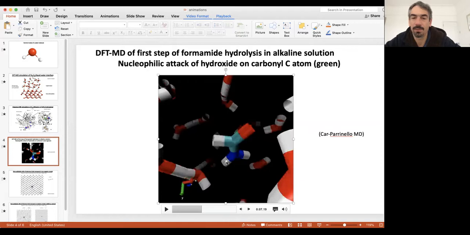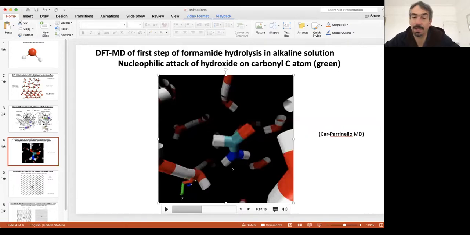This formamide is basically a model for hydrolysis of a peptide bond. It is a small model system, but at that time I was interested in understanding the mechanism of cleavage of peptide bonds, which is important for degradation of proteins and things like this.